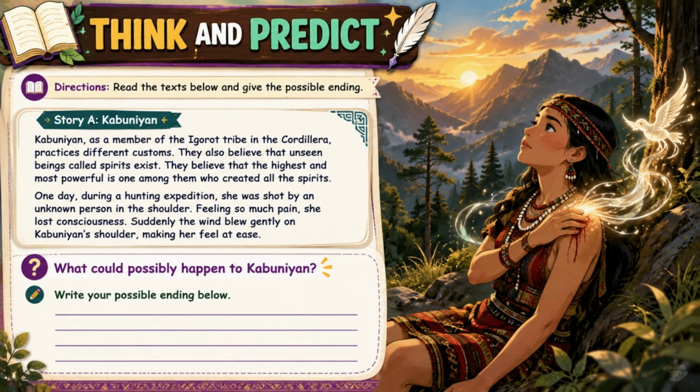They believe that the highest and most powerful is one among them who created all the spirits. One day, during a hunting expedition, she was shot by an unknown person in the shoulder. Feeling so much pain, she lost consciousness. Suddenly, the wind blew gently on Kabunian's shoulder, making her feel at ease. What could possibly happen to Kabunian?